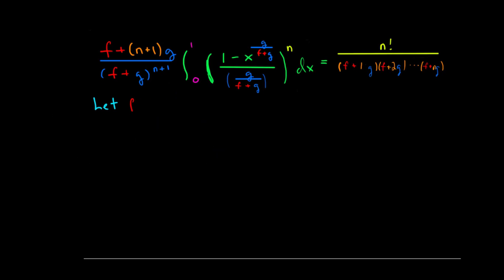So with all of these adjustments we've made to our integral, let's try again setting f equal to 1 and g equal to 0. And you'll see that the hard work is going to pay off.